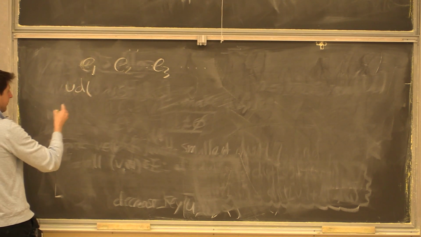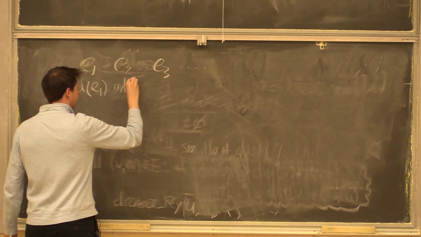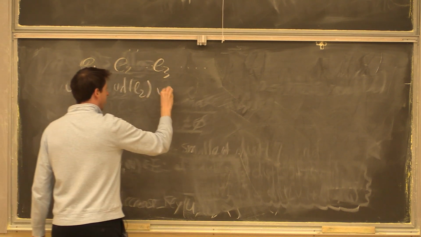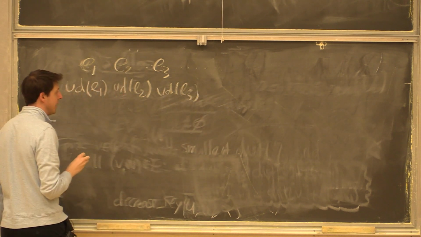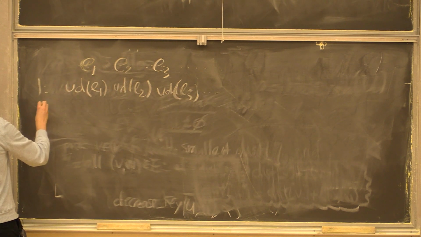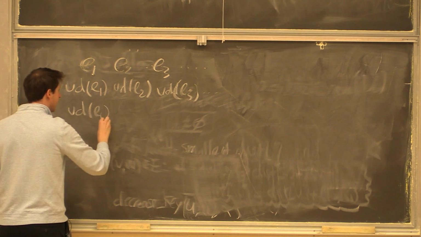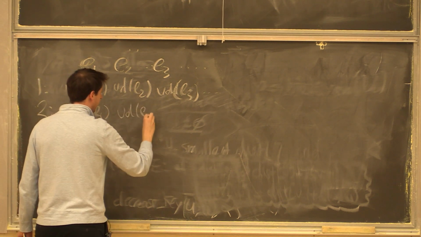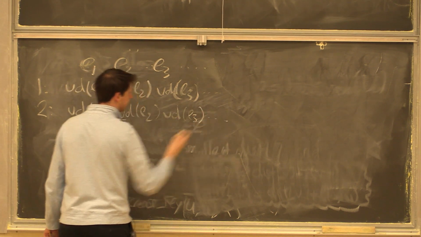I'm going to shorten it to UD. Update E1, update E2, update E3. So that is the first loop of my algorithm, okay? And I've done it once. Now I do it twice. Update E1 again, update E2 again, update E3 again.